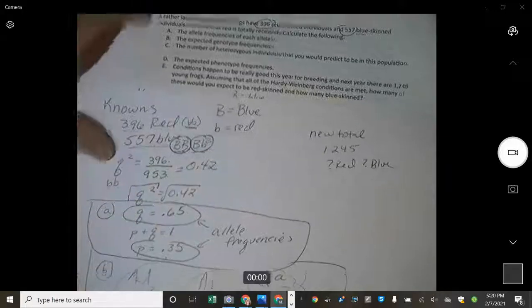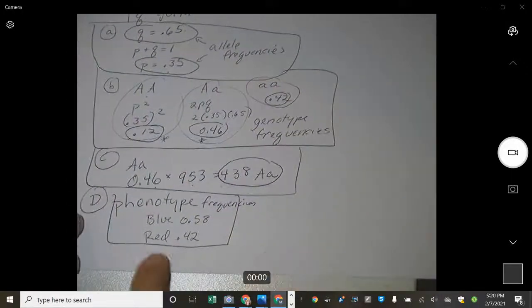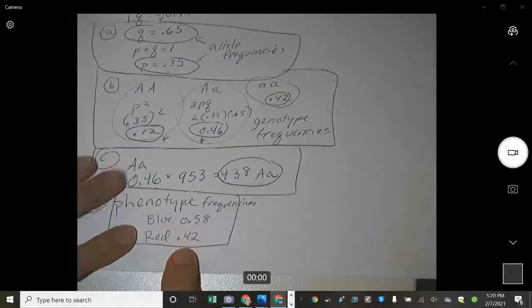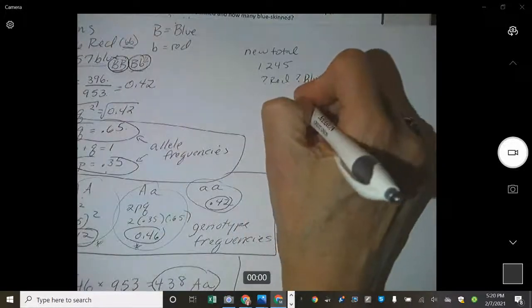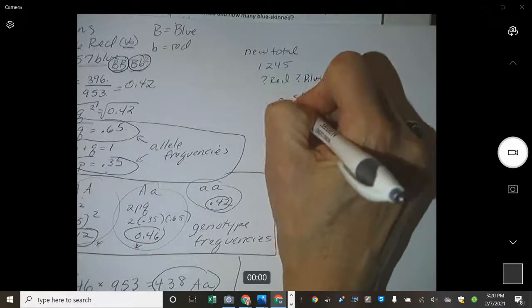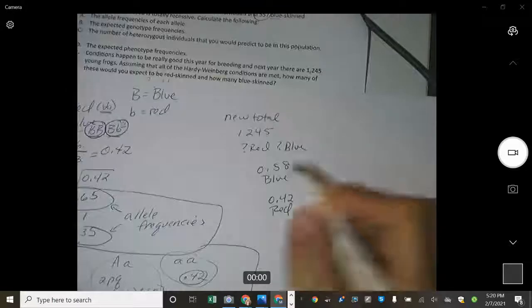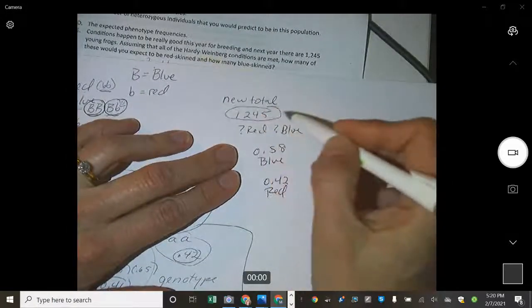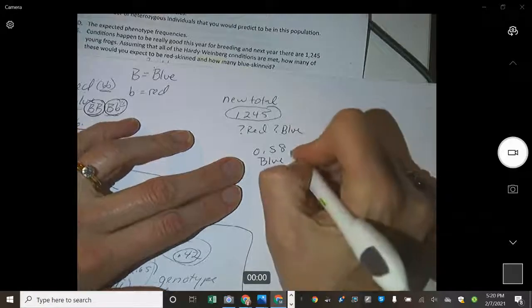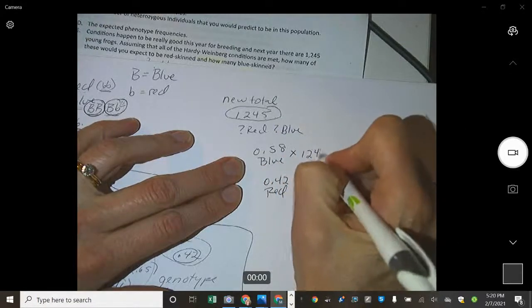So I already figured out my phenotype frequencies down here. I said that 0.58 are blue and 0.42 are red. So I'm just going to write that down up here. So 0.58 are blue and 0.42 are red. And so this is a frequency of the total, right? So how many total should I actually have that are blue? Well, it's going to be the frequency times my total, 1,245.